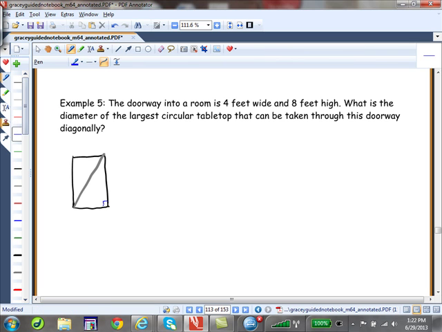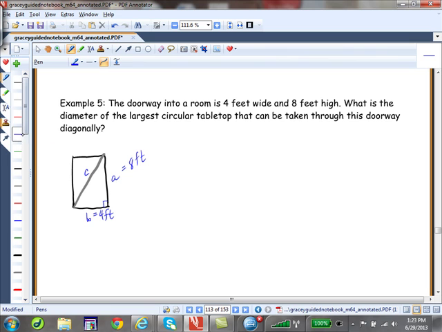Because it's a doorway, it's supposed to be square. So this would be like your A, B, C situation. Well, we know the height is 8 feet. We know that the width is 4 feet. So we're looking for this length here, the gray length.